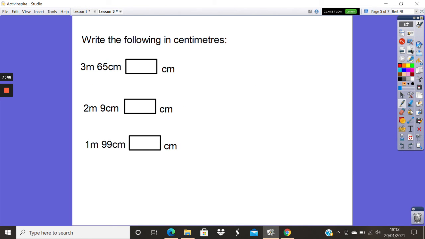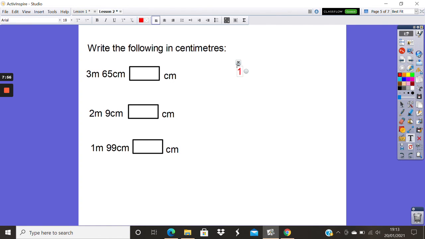Okay, and then you've got to convert, in your workbook, you'll have to convert the following from metres to centimetres. So if you've got 3 metres and 65 centimetres, I'm going to write my key up here that I need to remember: 100 centimetres equals 1 metre.